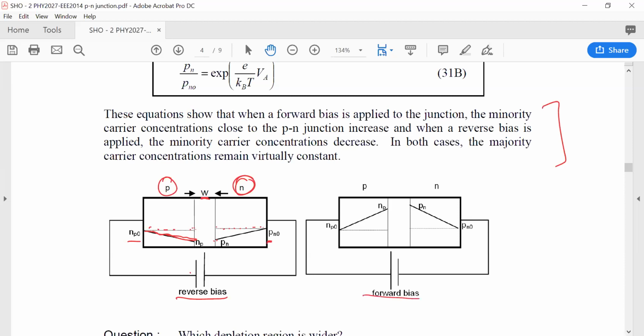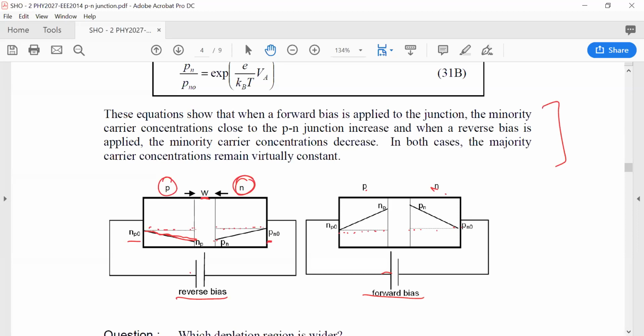If you now move over to look at what happens under a forward bias, you can see a positive voltage is applied to the P-type side. The equilibrium values of minority carriers are the same in both the P side and the N side. And this dotted line here, on the P side, the minority carrier concentration is N subscript P0, the number of electrons in the P side, whereas in the N side, it's the number of holes in the N side, so we call that P subscript N0, and the 0 is for equilibrium.